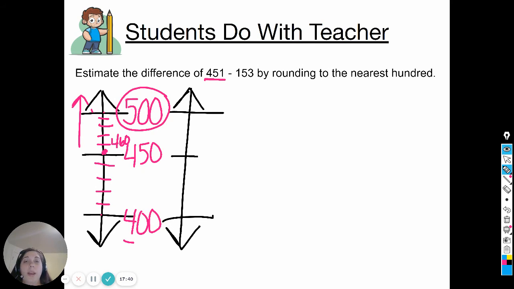Next, let's go ahead and round our 153 to the nearest hundred. So look in the hundreds place, there's a 1. So our bottom number is 100. Our top number is 100 more, which is 200. Make sure you're writing this with me.